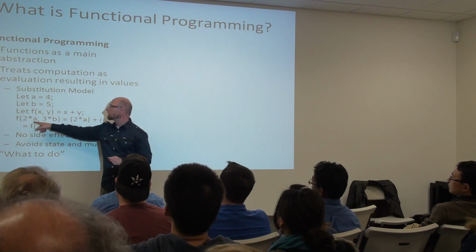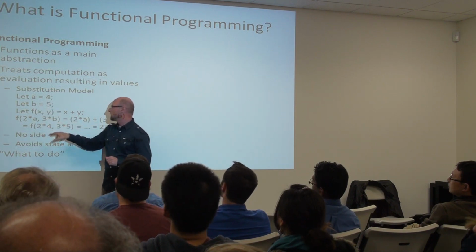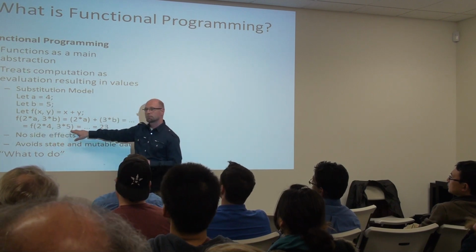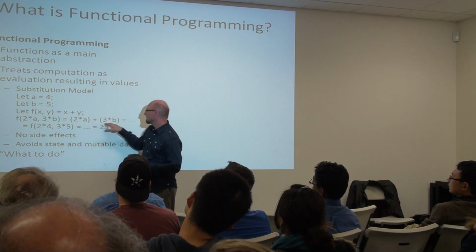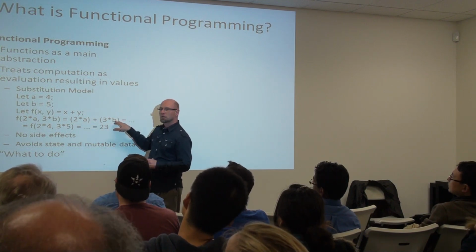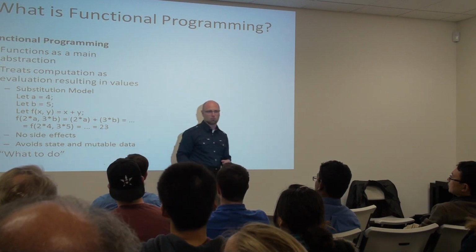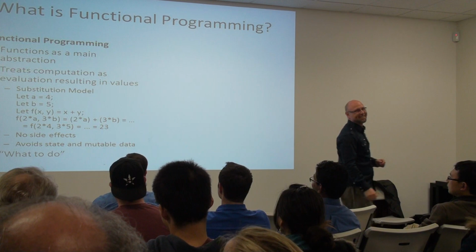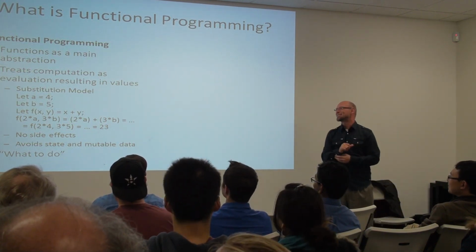We can either substitute in A and B, giving you this, or we can substitute out what the function means, meaning this, and then substitute in the A's and the B's. And no matter how you do this, you end up with the same result. I think it's 23, but check. It's not 42? Unfortunately, I should have picked some other constants.